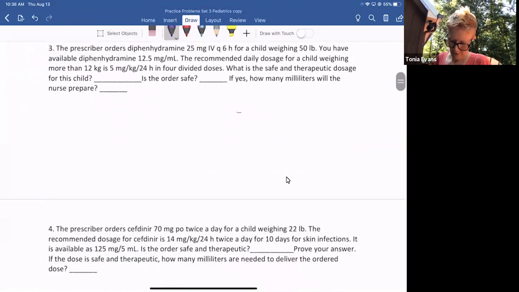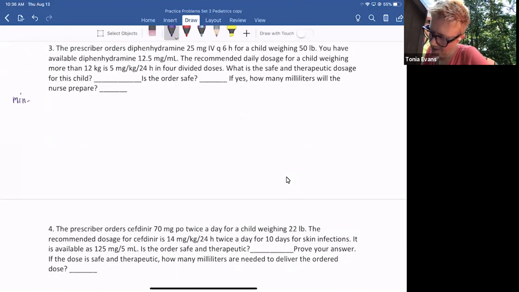All right, we have an order for diphenhydramine 25 IV Q6. There's what we have available. Recommended daily dosage is this per day in 4 divided doses. What's the safe and therapeutic dosage? So I want to know our per dose range on this one.